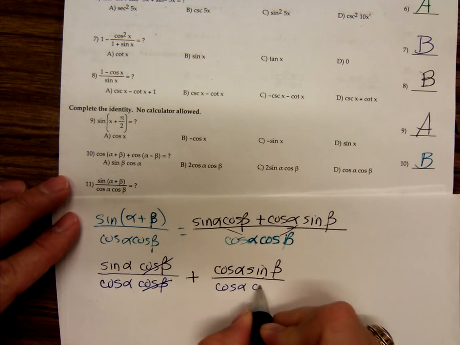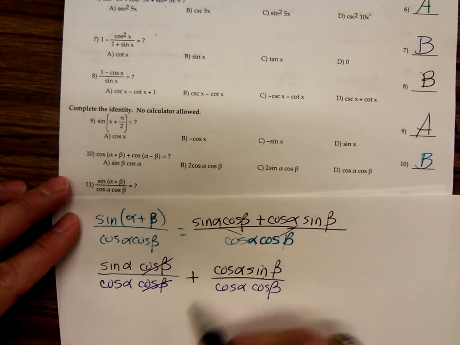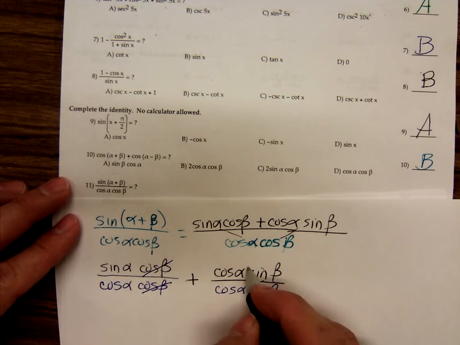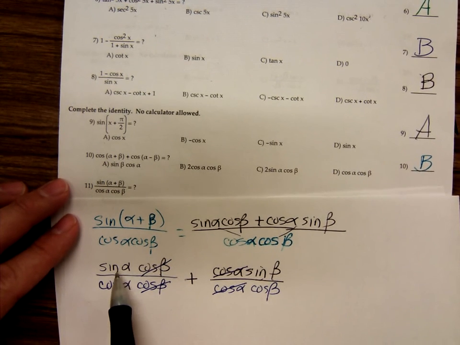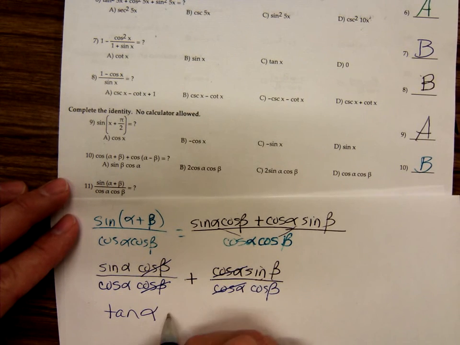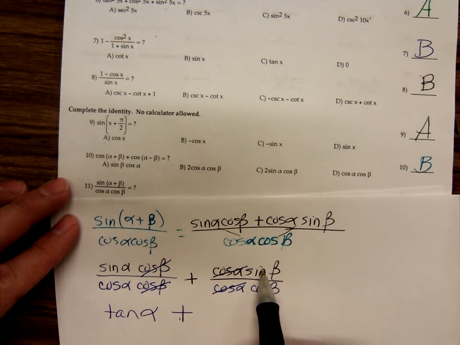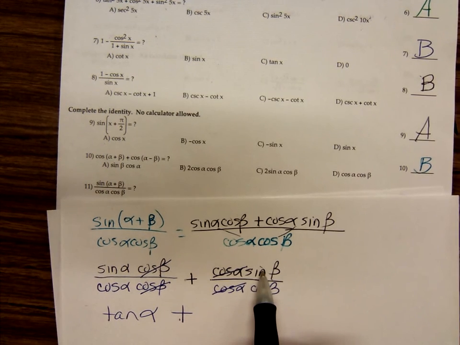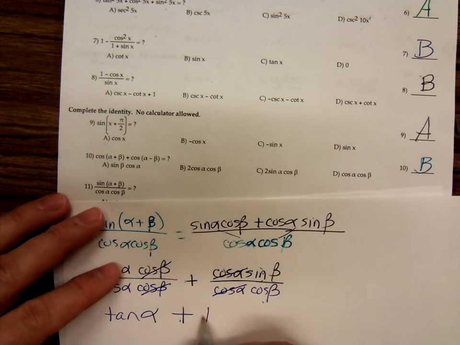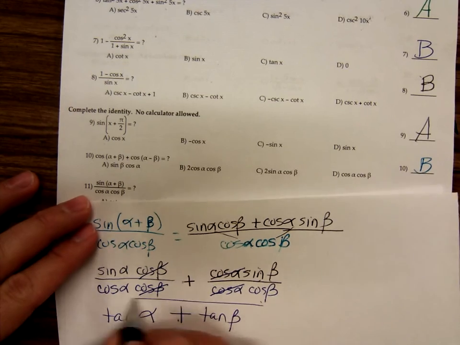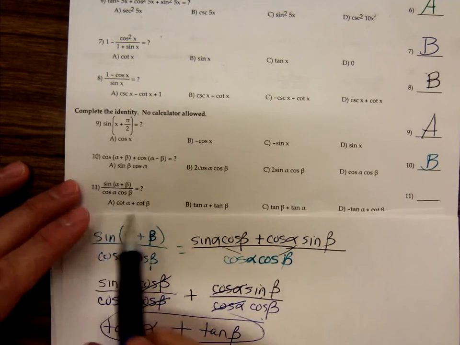So I'm putting each one of these over cosine alpha cosine beta. So we have sine alpha over cosine alpha, that's tangent alpha, plus sine beta over cosine beta, which is tangent beta. So which one is number 11?